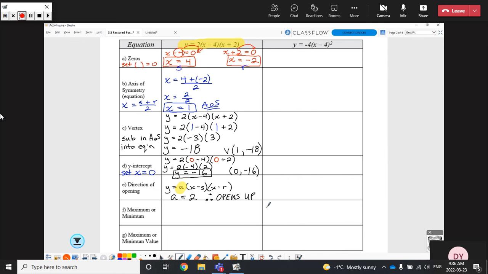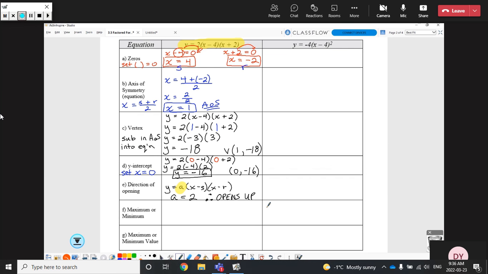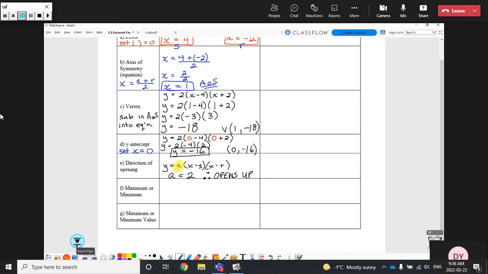And also, we saw it on Desmos, this thing opens right up, that purple parabola. Now, because this thing opens up, it's smiling. Does that create a maximum or a minimum? Minimum, yes. And in brackets, we could say it opens up.